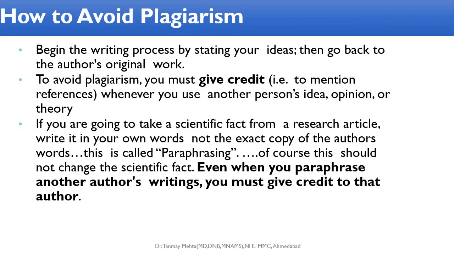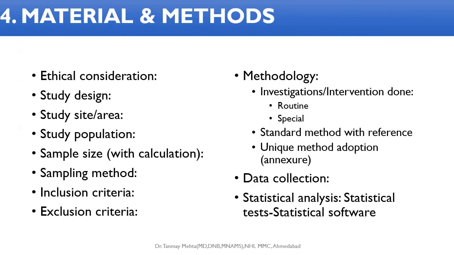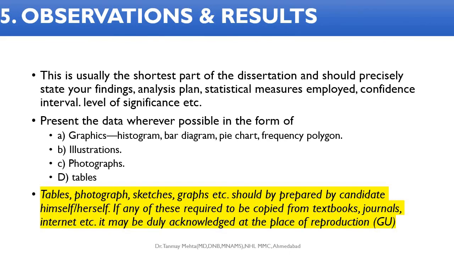How to avoid plagiarism? You have to give due credit to the original author, even when you paraphrase it, when you change the language or words of that particular sentence, then also you have to give credit to the original author. Materials and methods we have already discussed in the dissertation proposal, so the same you have to write here. So up to that portion you have actually written in the dissertation proposal.